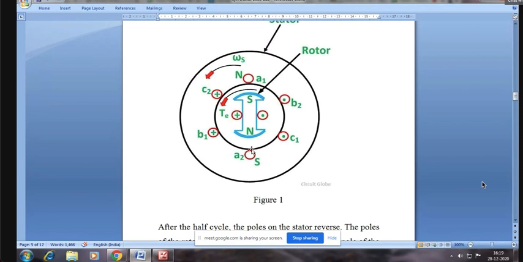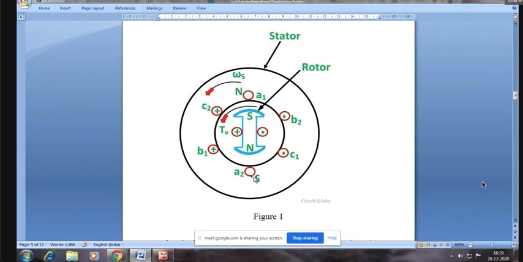And hence, in this position, the two poles are attracting. South of the rotor, north of the stator, they attract. And similarly, north of the rotor and south of the stator, they attract. And this will certainly create a torque which will try to rotate in anti-clockwise direction. Are you able to understand this?